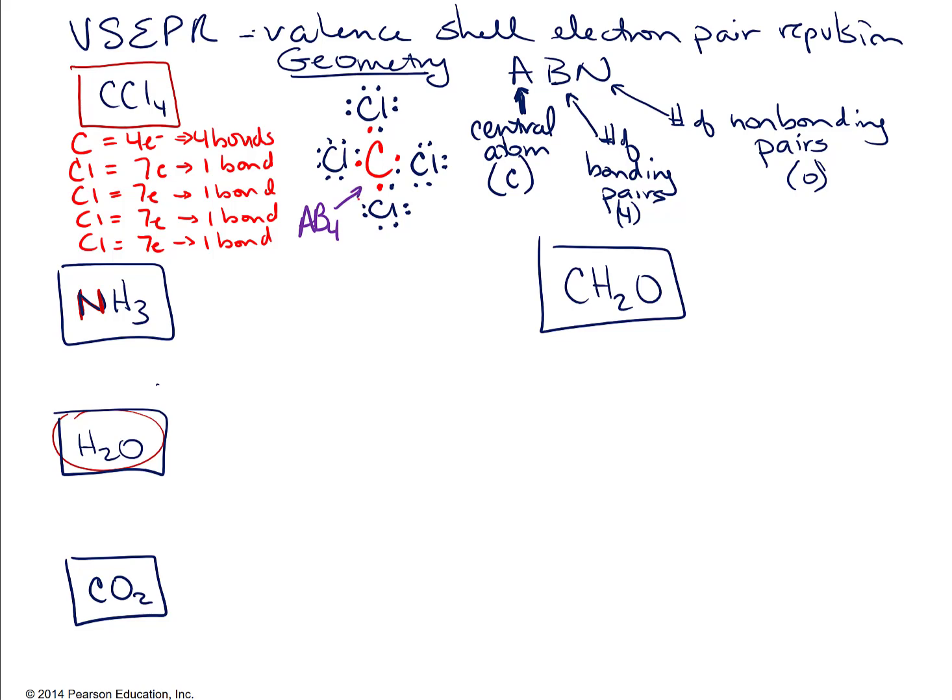Does carbon have any non-bonding electrons that belong only to carbon? No. All of its electrons are part of bonds. So it's always just going to be AB4. It would have no N with it, just an AB4. And it will always have a tetrahedral shape.